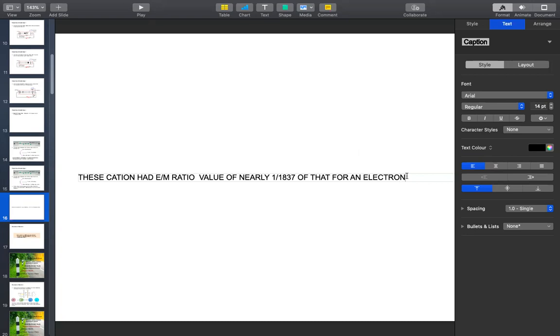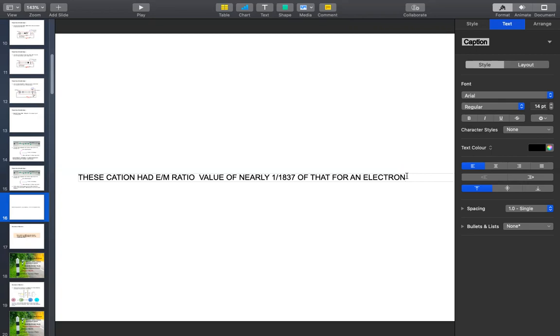And the interesting thing is the hydrogen ion is nothing but a proton, because there is no neutron. So this suggests that the mass of the hydrogen ion is nearly 1837 times greater than the electron. Because the cation produced by hydrogen gas is a hydrogen atom minus 1 electron.